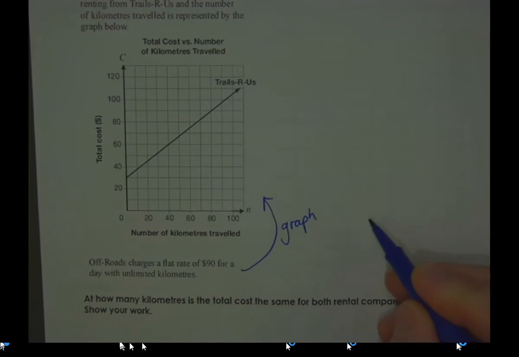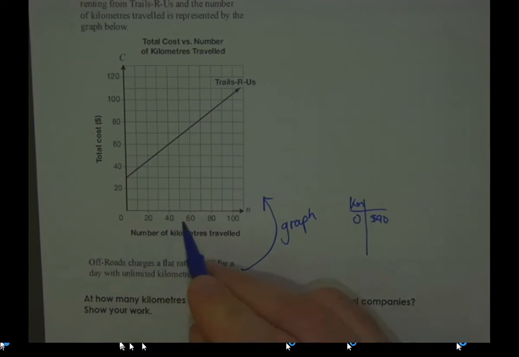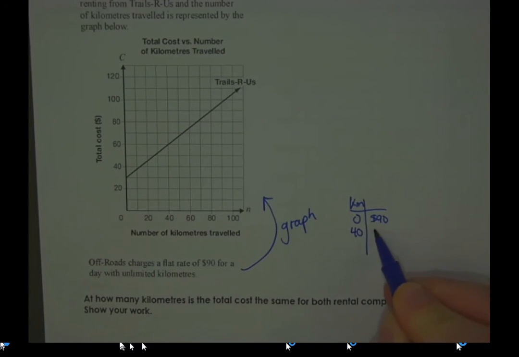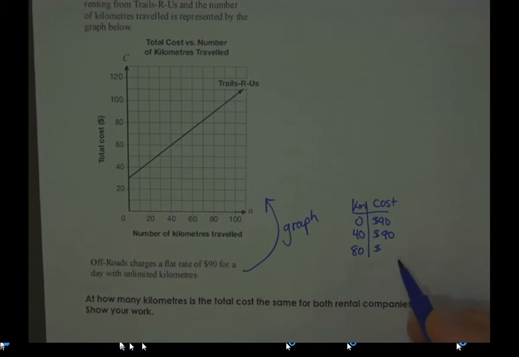Well, you want to ask yourself, if I drive 0 kilometers, it's going to be $90. If I drive, say, 40 kilometers, it's still going to cost me $90. You can probably take a guess what the next one's going to be. You're probably right, it's $90.